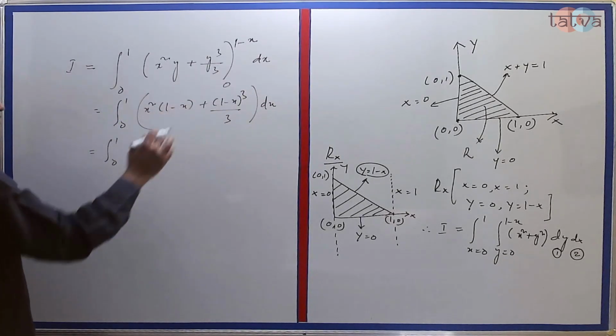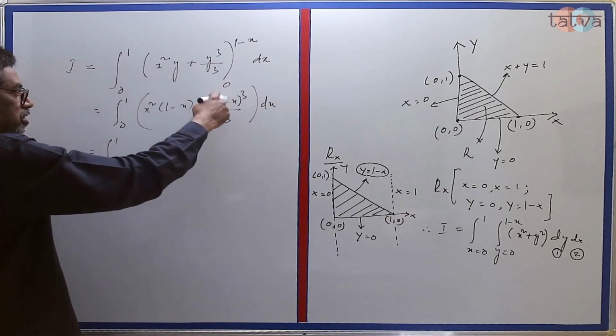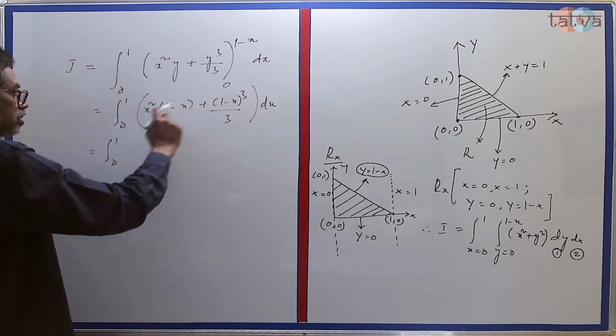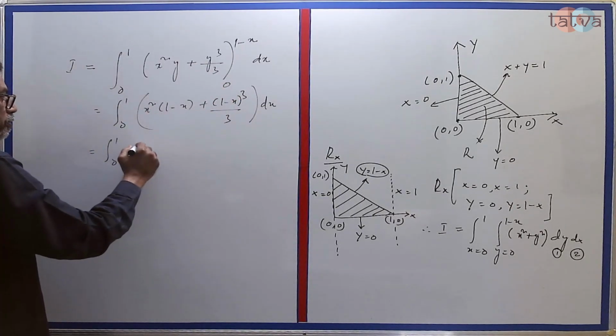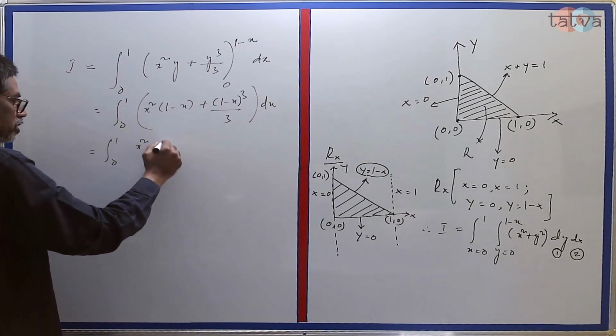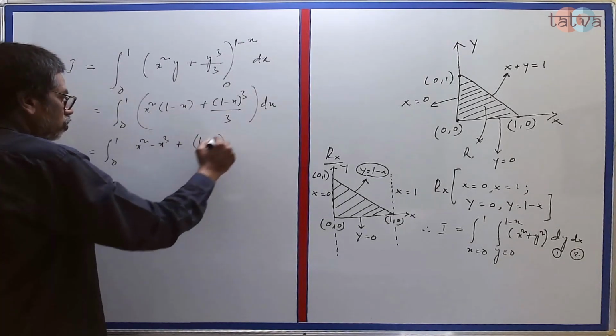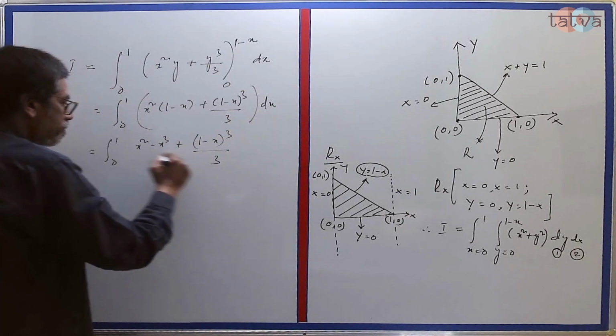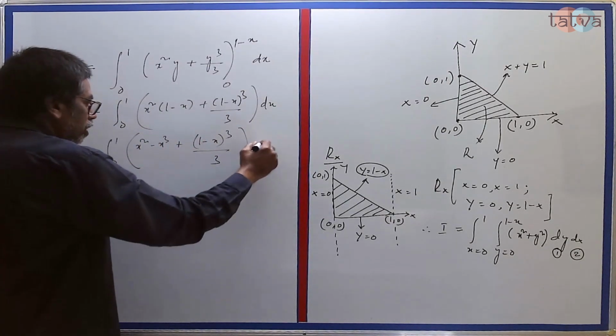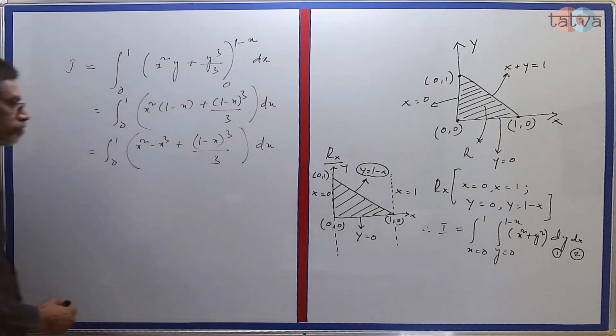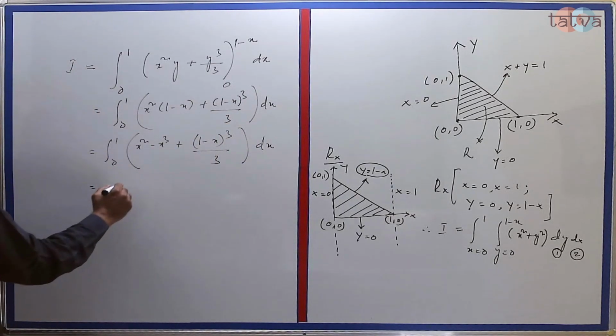This needs a little bit of simplification. I will not touch this because this is ready for integration, but here I'll have to open it up. x squared minus x cubed plus (1 minus x) whole cube divided by 3, dx. This is straightforward.